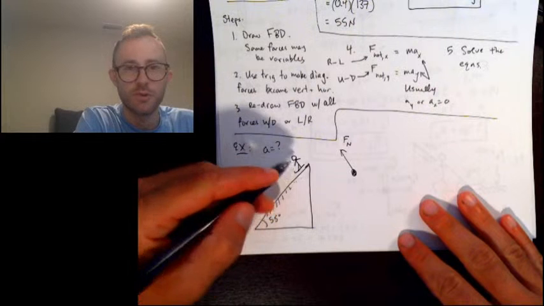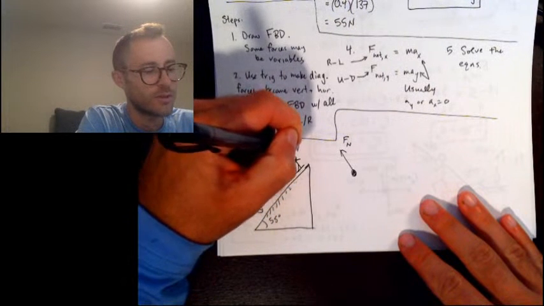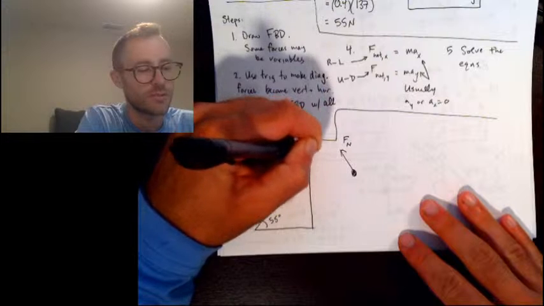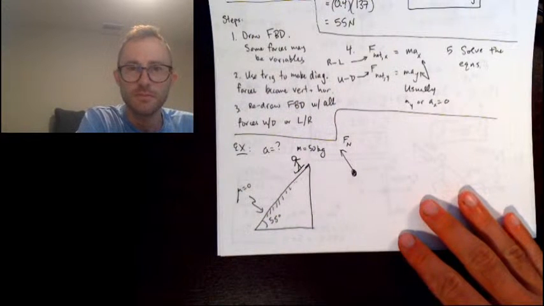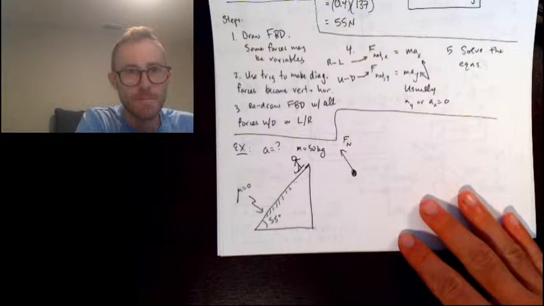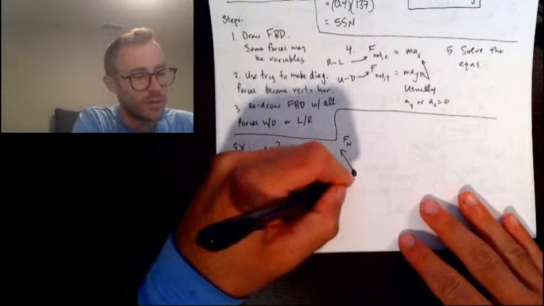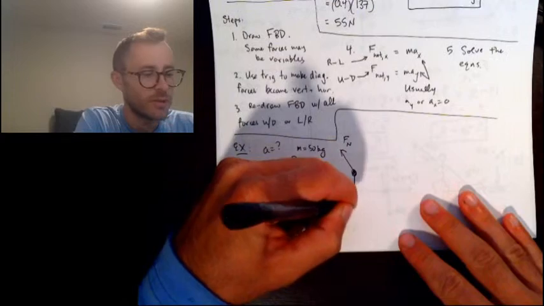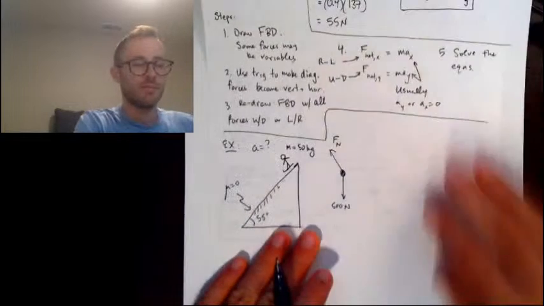The weight force, we're just going to say that the skier has a mass of 50 kilograms. So that means there's a weight force going down of 500 newtons.